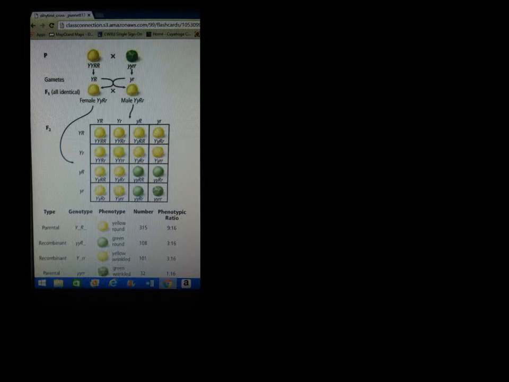So now we have two heterozygous parents, a male and a female, and they have these genes. And there could be crossing over, right? We don't know where the crossing over is going to happen. We don't even know if Y and R are on the same chromosome or not. They might be on two different chromosomes. We have no information about that. But we have two parents, one male and one female.